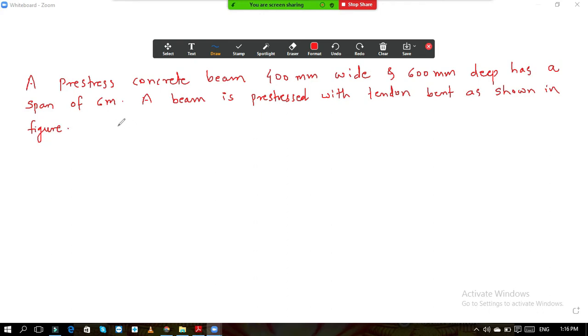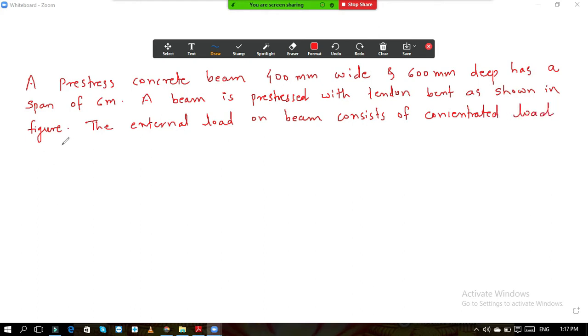The figure is given to you. The external load on the beam consists of a concentrated load of 180 kilonewton at midspan, so it is acting at the center.